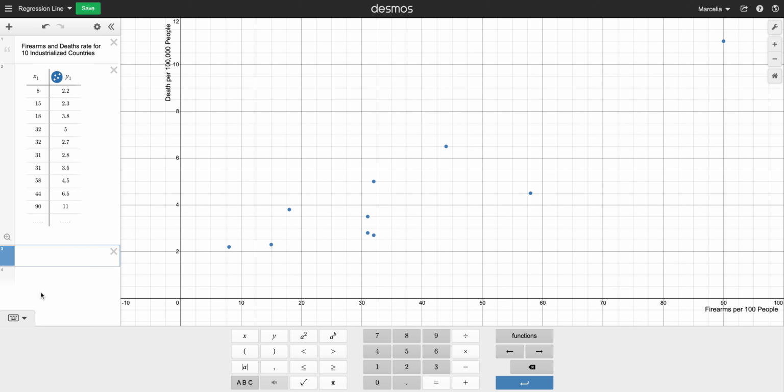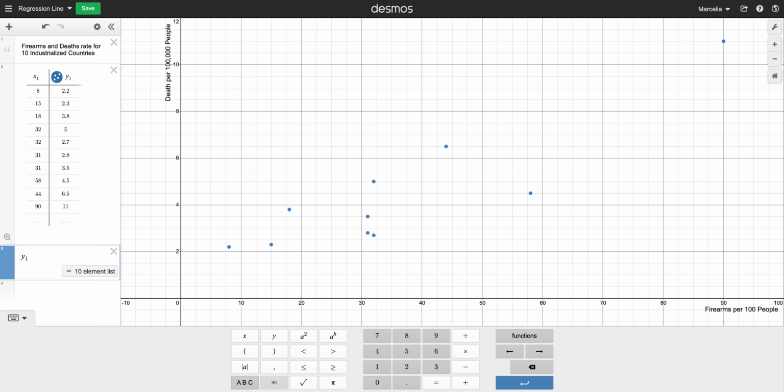I have another field here, and I'm going to write a line, so it's in the format of slope-intercept form, because a line can be written as an equation in slope-intercept form. So I start with y1, because this is what I have on the second column, and it's labeled as y1.